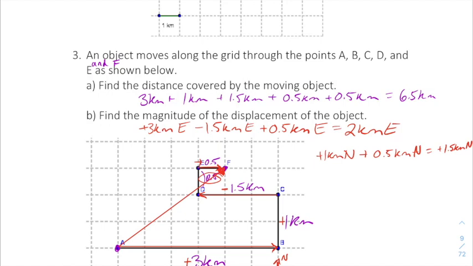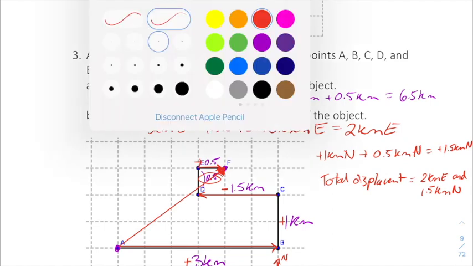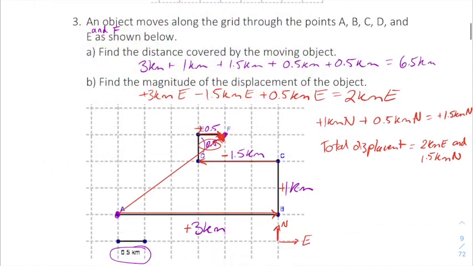So we can say that the total displacement equals 2 kilometers east and 1.5 kilometers north.